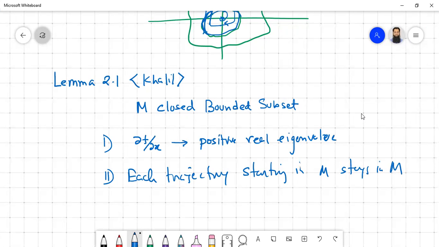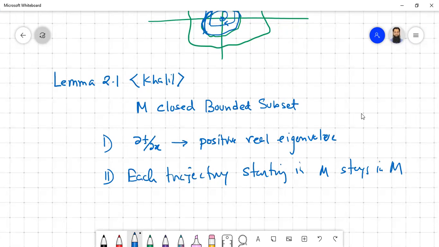Okay, so this one is slightly more involved and mathematically involved, and I found it quite good as well. So first thing is M is a bounded set, and M contains no equilibrium point, or it contains one equilibrium point, and the Jacobian at that particular point has an eigenvalue with positive real part.